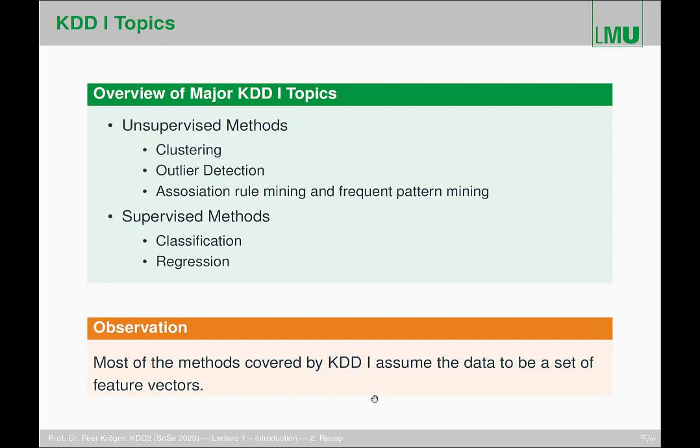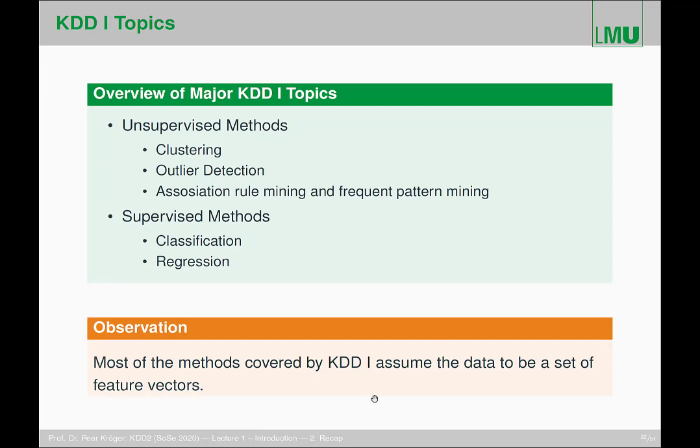In that case, you are in a supervised setting, meaning that you typically do classification or regression. We will also come to this class of methods in one of the next podcasts and have a close look there. So the methods we got to know in KDD1 are basically from these two major classes of methods.